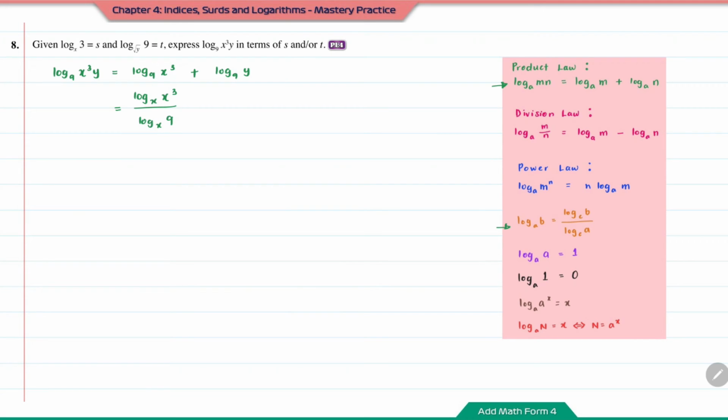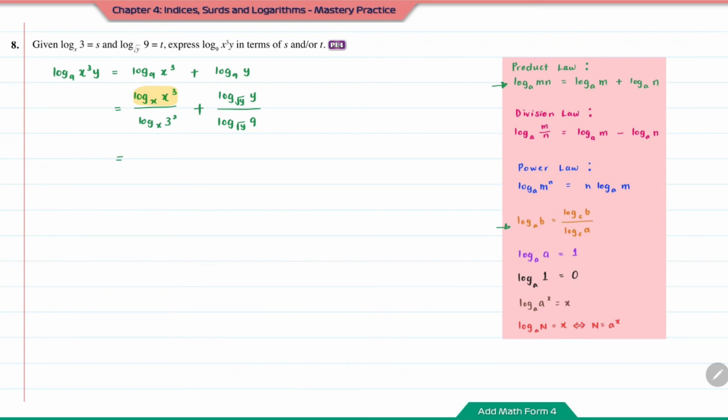And this number 9, we can write as 3 squared. And for log base 9 of y, as it contains the y, I'm going to change it to the log in base square root of y. So I'm going to get log base square root of y of y over log base square root of y of 9.